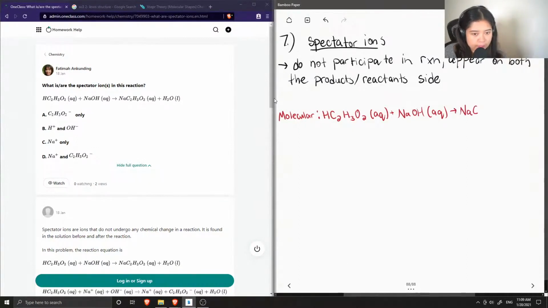I believe this is the acetate ion. So this is sodium acetate plus H2O.